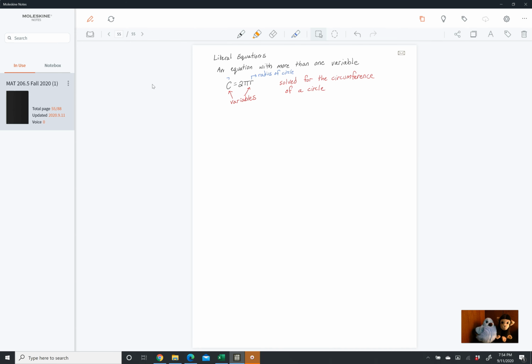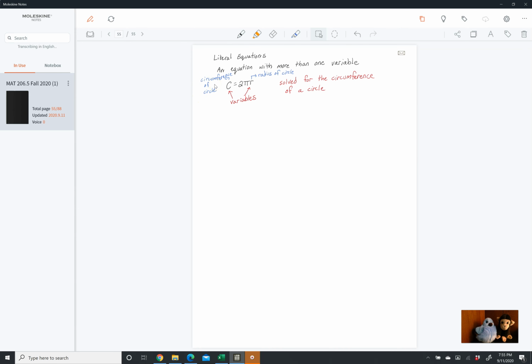This is the circumference of the circle. And when you used to do something like this in geometry, you would be given the radius, and then you would figure out what the circumference is based on that.